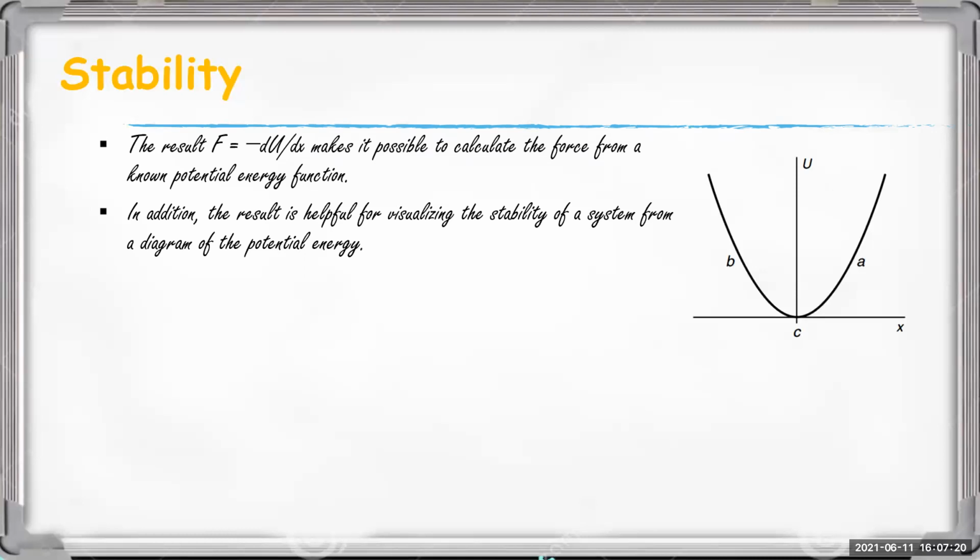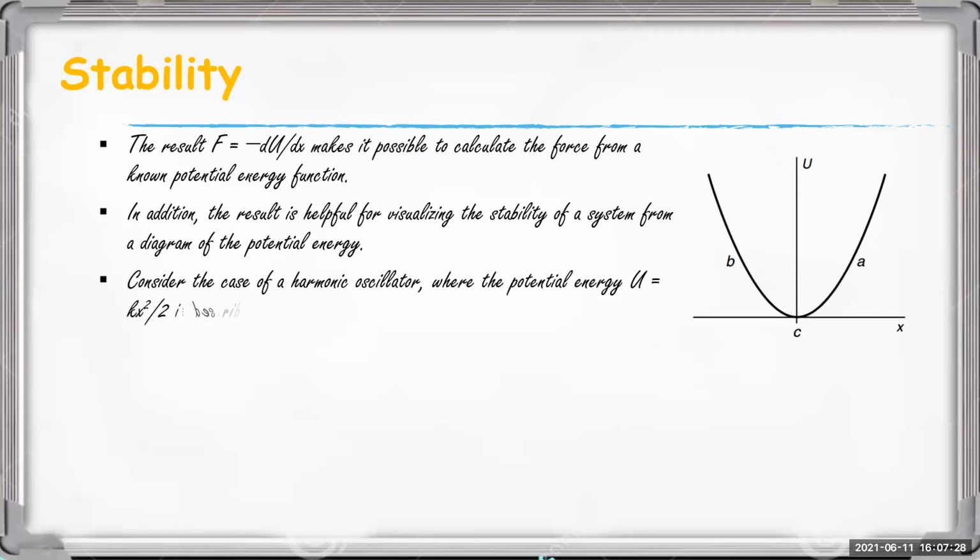Then surely it is for a linear harmonic oscillator. So consider the case of the harmonic oscillator where the potential energy U is equal to half kx squared, kx squared divided by 2. It is described by the parabola.